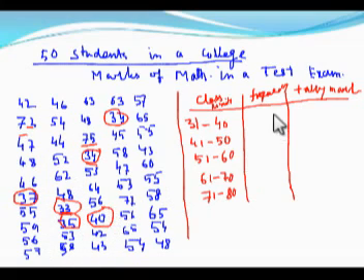So there we are getting 6 members in the class limit 31 to 40. Its telemarks will be 1, 2, 3, 4, 5, 6.